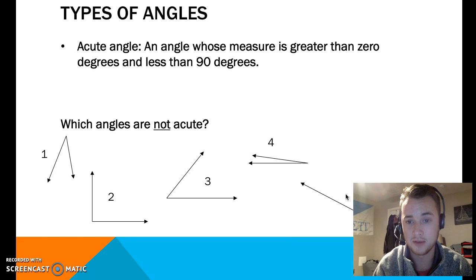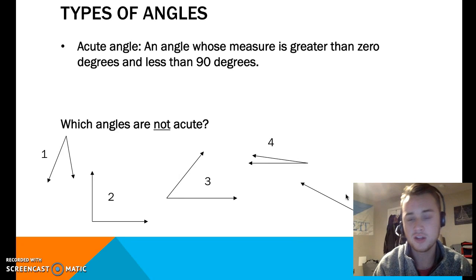Here on the bottom, I've given you 5 different types of angles. Thinking back to what we learned last year on angles, look at the screen, take a mental note and think which ones are not acute. Now that we've had some time to think, we should have determined that number 2 is not an acute angle and number 5 is not an acute angle.